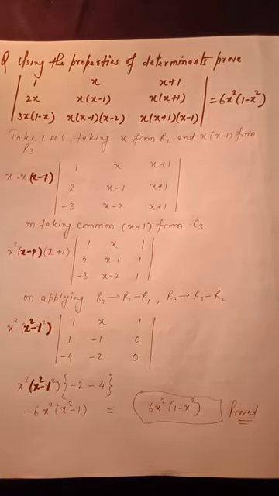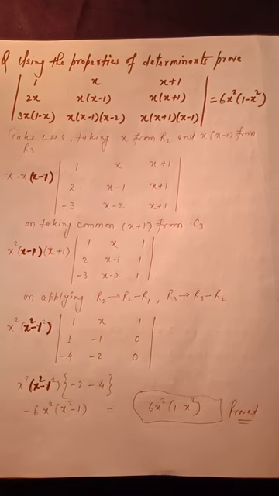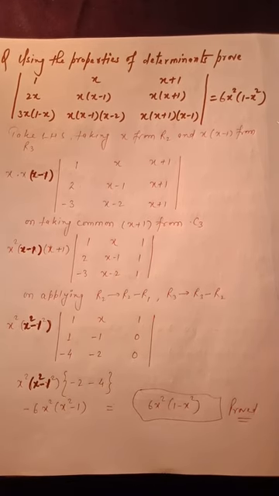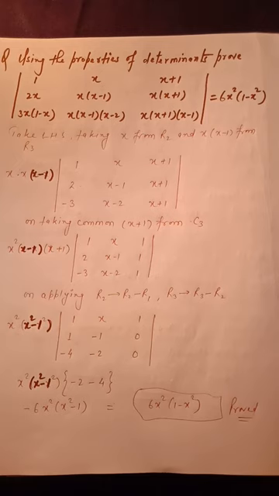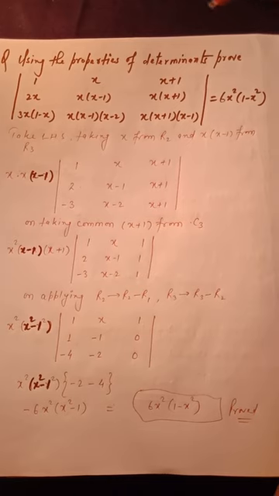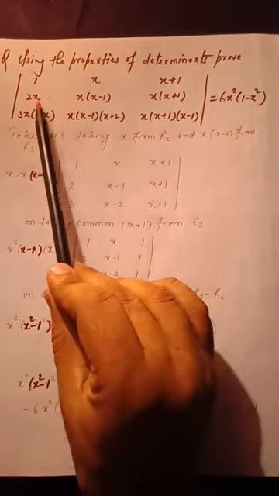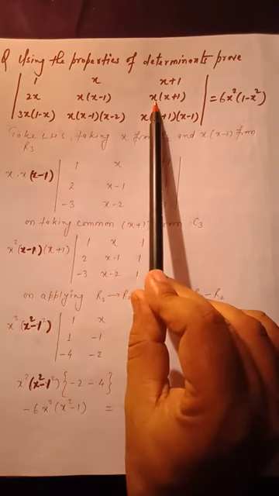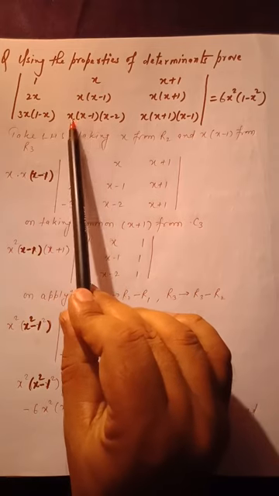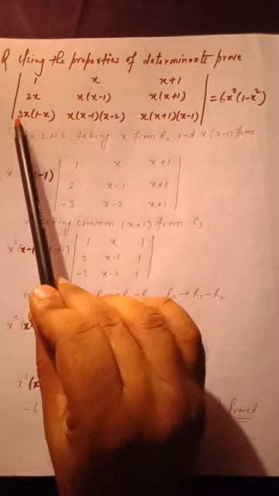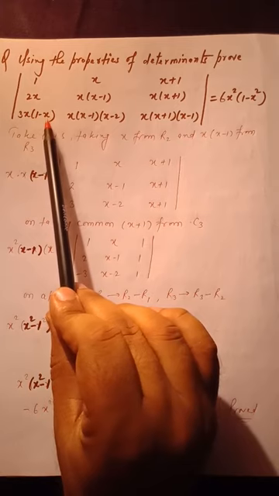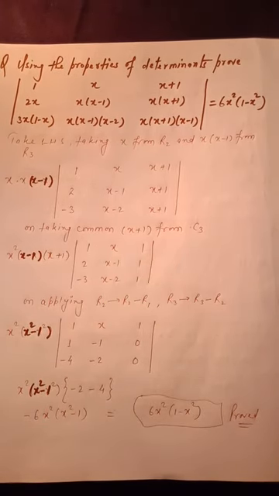Take this problem. This is very interesting, because here we have to prove 6x square minus (1 minus x) square. In the first observation, what I am observing, you can see from row number 2, I think x is common, and from row number 3, x minus 1 is common, because this is 1 minus x.